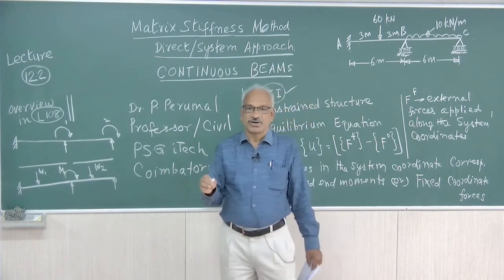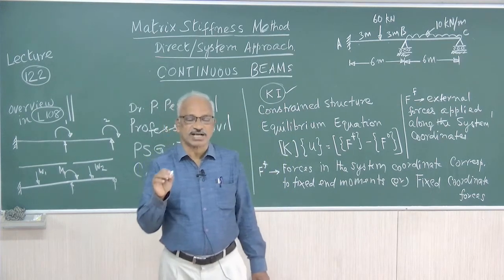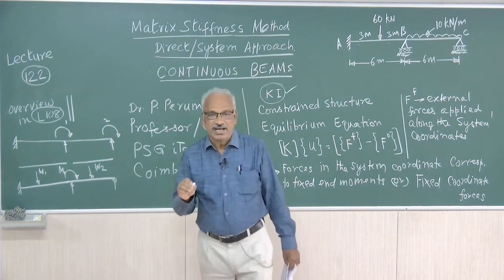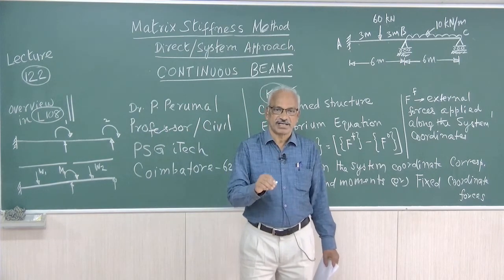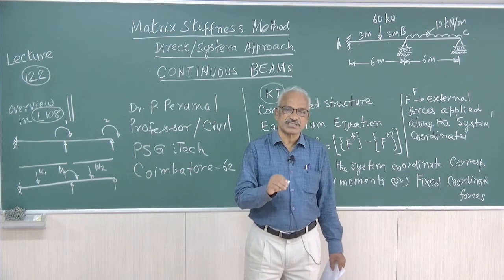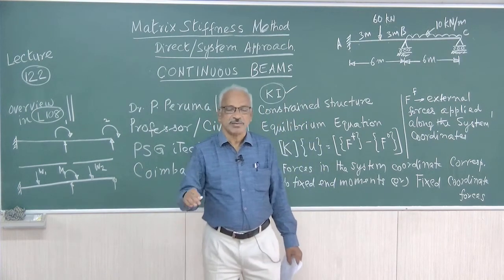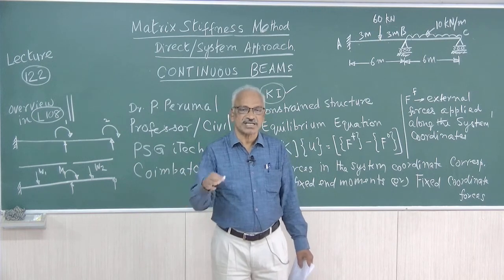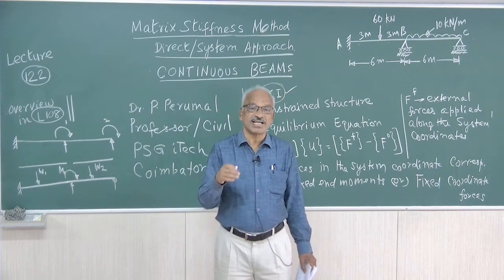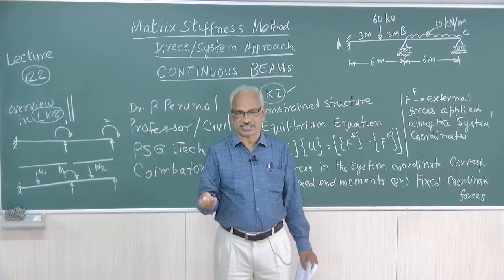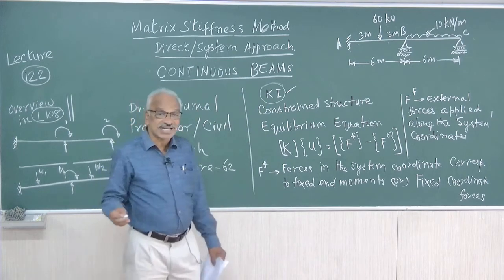Similarly, in the matrix stiffness method, first find out the kinematic indeterminacy and make the structure kinematically determinate. Kinematically determinate means you have to arrest all possible joint displacements, theta, delta, everything. So, we have to get the kinematically determinate structure. That is what is called a constrained structure.